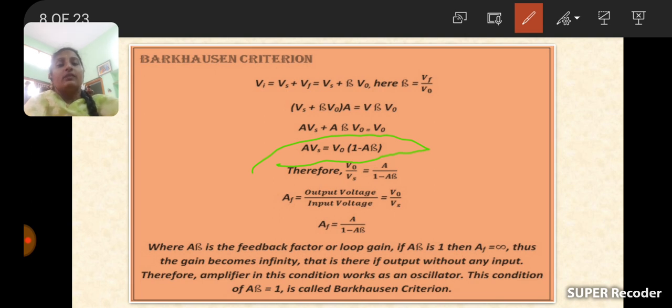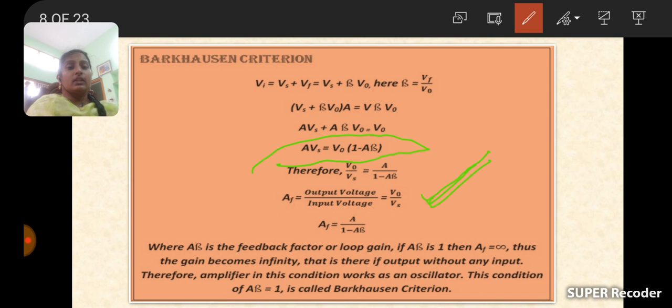And here Af is equal to output voltage by input voltage, that is V naught by Vs. So the gain with positive feedback is given by the equation Af is equal to A by 1 minus A beta, where A beta is the feedback factor or loop gain. If A beta is 1, then Af is equal to infinity. Thus the gain becomes infinity.